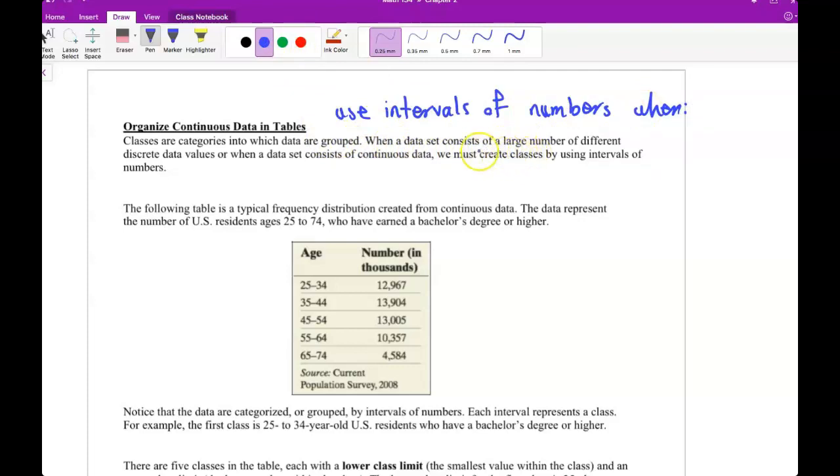Then we have, okay, when our data set consists of large number of different discrete data values. So that is the first one. Or when a data set consists of continuous data.